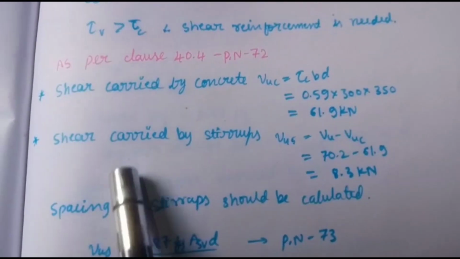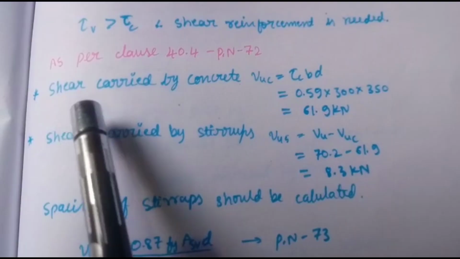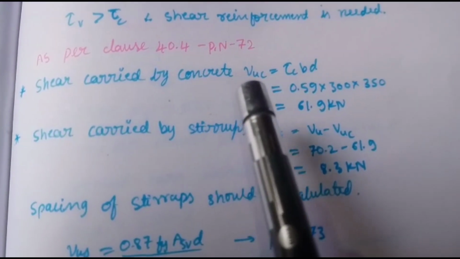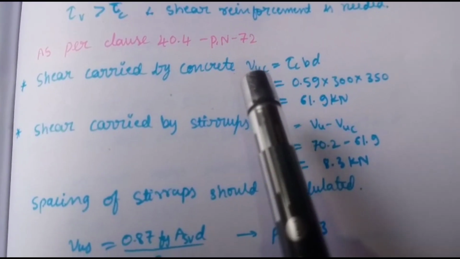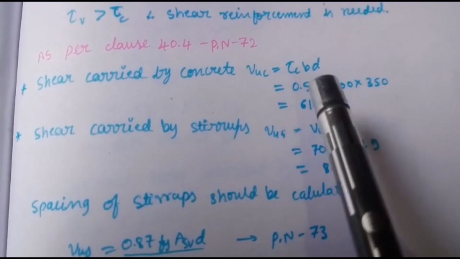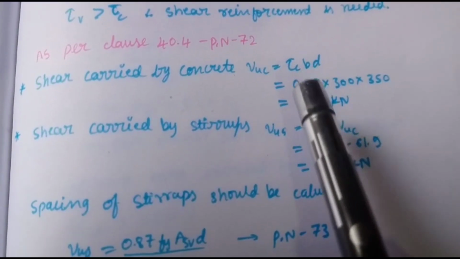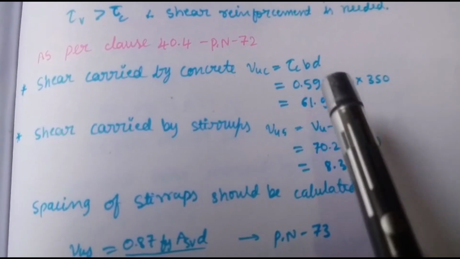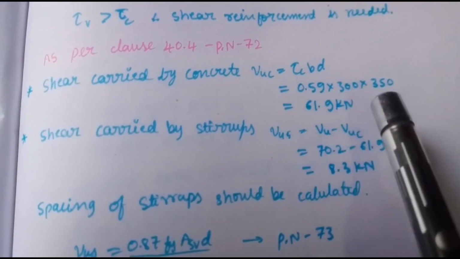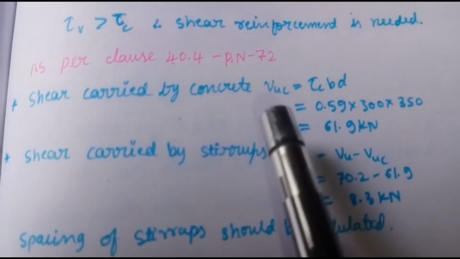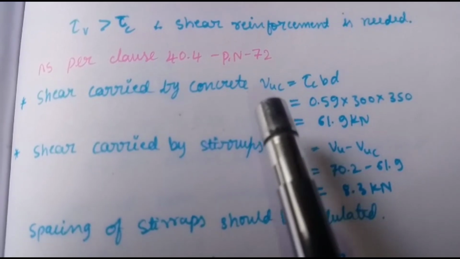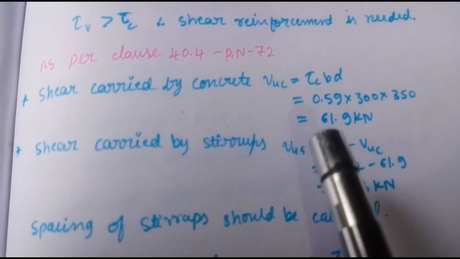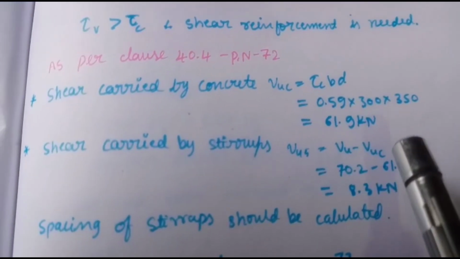Now we will go for the calculation of shear carried by concrete. For that we have the formula Vuc is equal to tau C into B D. The tau C value we got is 0.59, B value is 300, D is 350. Substitute all the values. After simplifying, we got our Vuc value as 61.9 kilonewton.